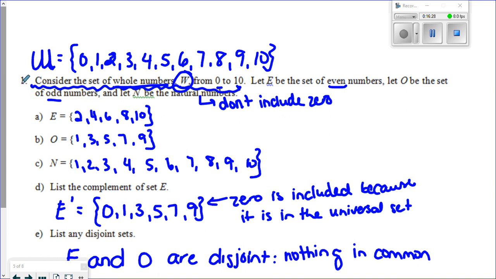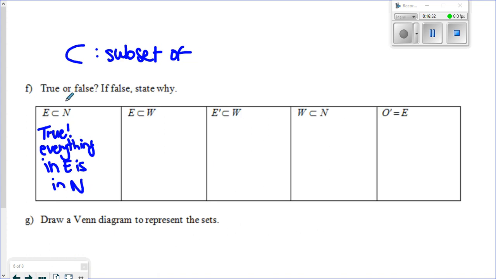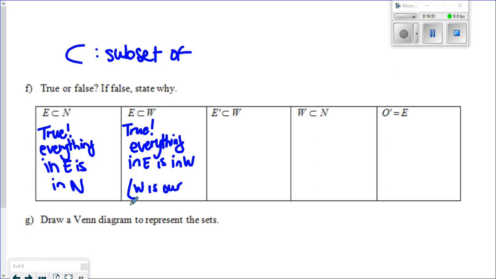Just because it has a W on this next page, that's why it was confusing. So E is a subset of W. Also true. Everything in E is in W.